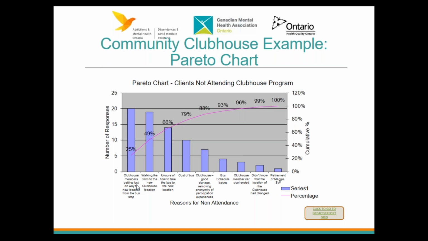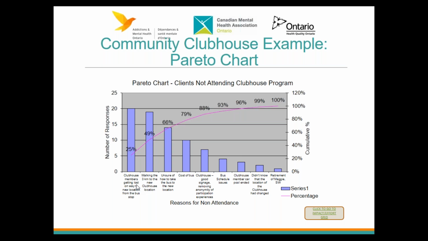And in this case, we had some data available through a survey to tell us why clients were not attending the Clubhouse program. So what we did was take all those surveys and look at the results and find those reasons that people identified in the surveys most frequently down to those that they identified least frequently. And we arranged them in that order. And sometimes you might have data available. So you may have survey data available.